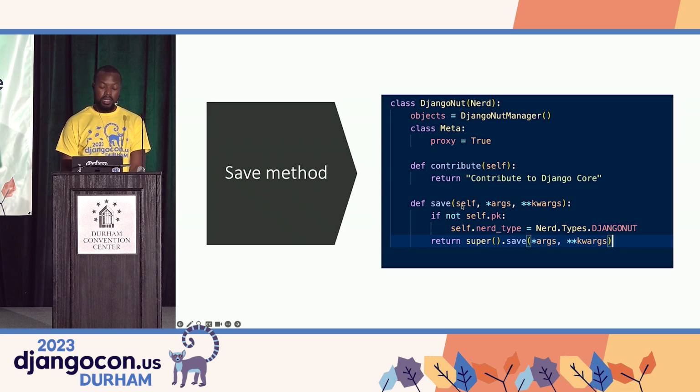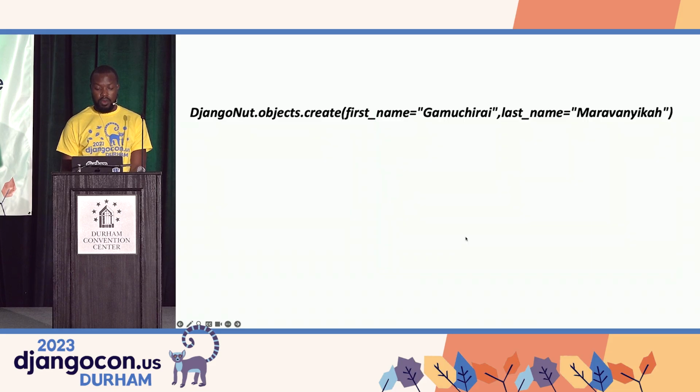So we hack in the default save method, and if you create a new object, you no longer need to specify the type that you're using. You just specify the first name and the last name, and your proxy model will work as normal.